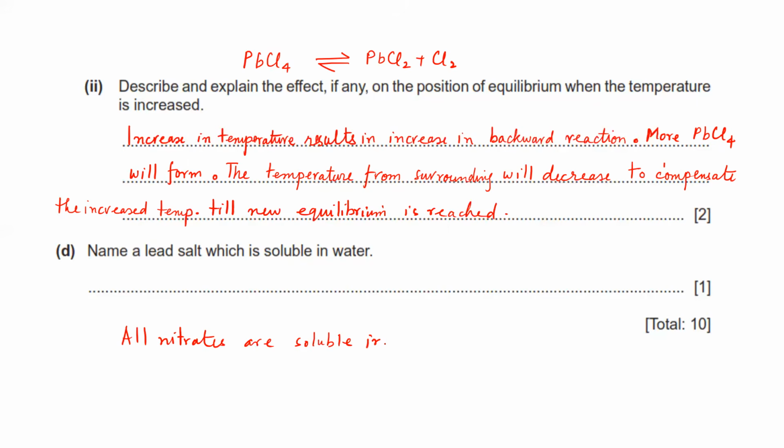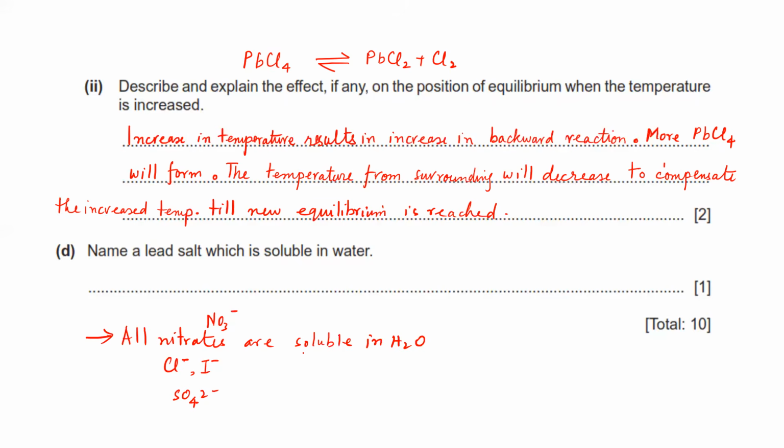Generally, for solubility, this is the best one. Nitrates are NO3 negative. And then there are chlorides, iodides, sulfates. All chlorides are soluble except silver, lead, mercury.